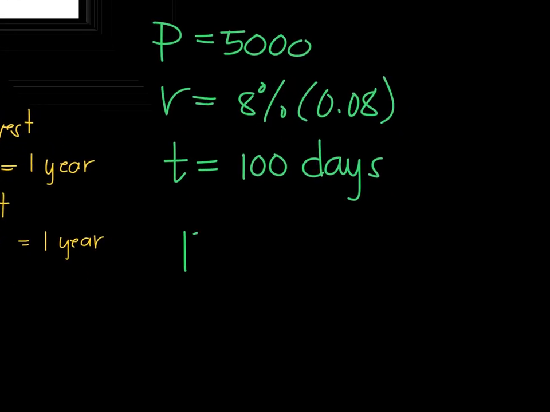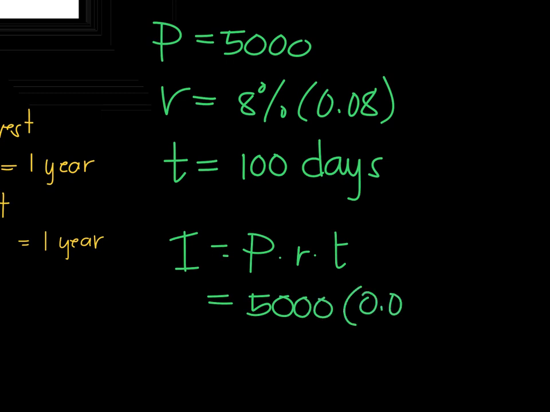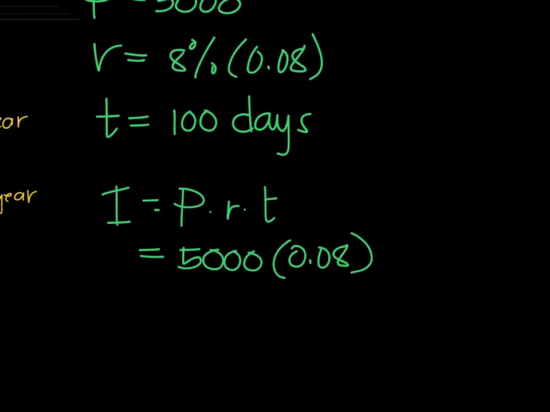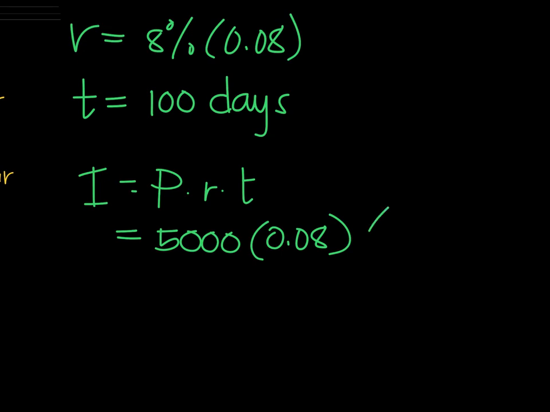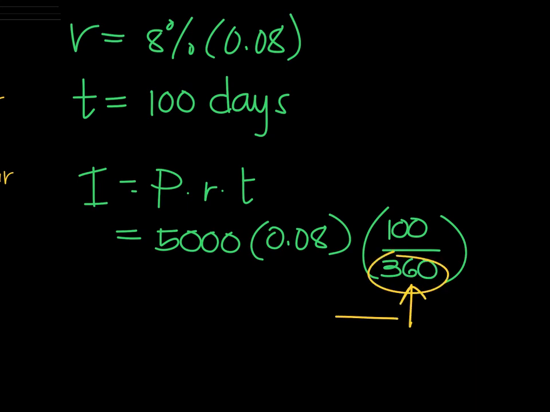I is equal to P times R times T. The principal is 5,000. The rate is 0.08. And then the time must be in years, so it must be converted into 100 over 360 days, 360 because this is an ordinary interest.